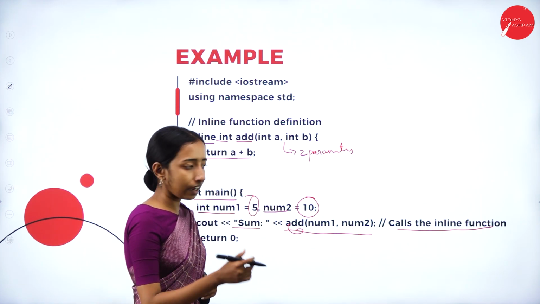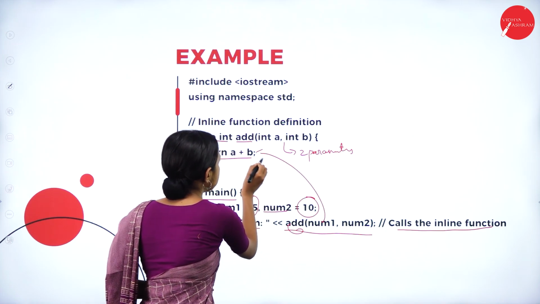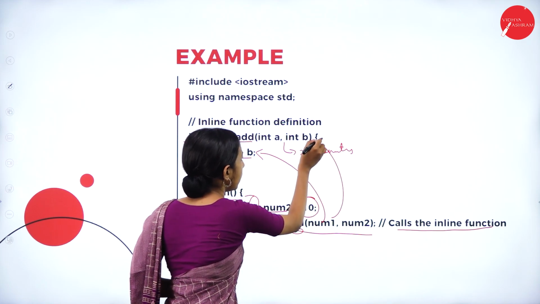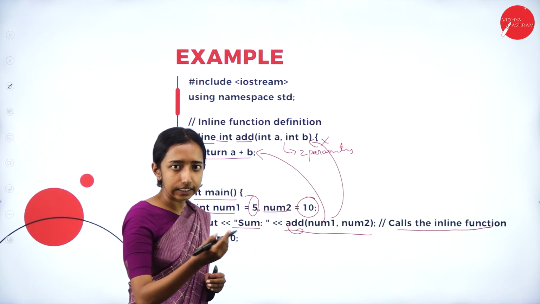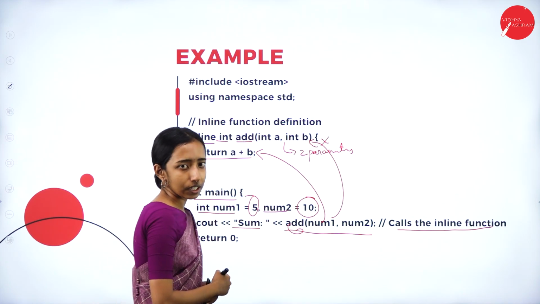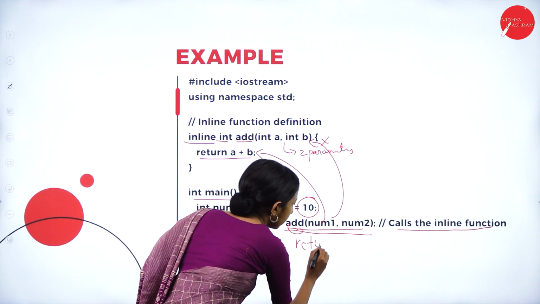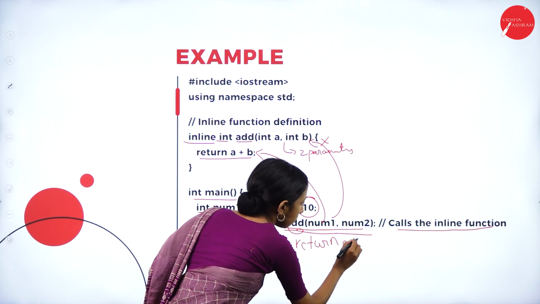Here in the inline, it will directly take the return a plus b. It will not go here, it will not go there. It will take directly the return a plus b. Instead of doing that, it will directly take the return a plus b here.